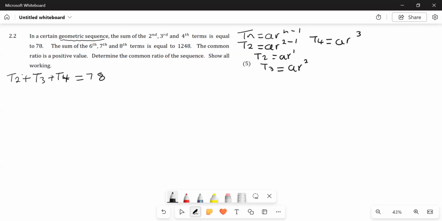So in place of t2, t3, and t4, we can just substitute those three things.